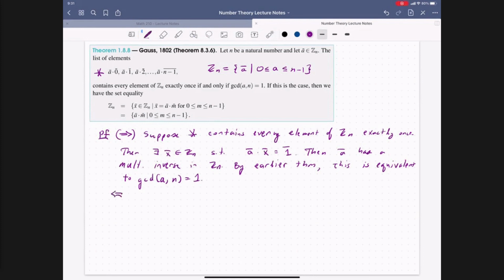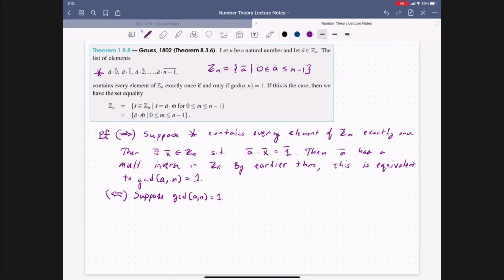So for the converse, let us suppose that the GCD of A and n is equal to 1. Now, what we want to do is prove that if this is the case, then this list is the same. In other words, that this set is equal to the integers modulo n.